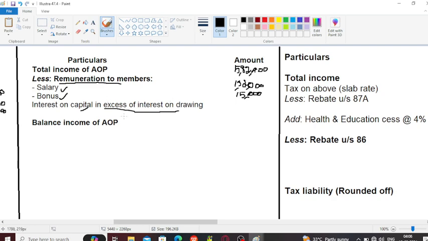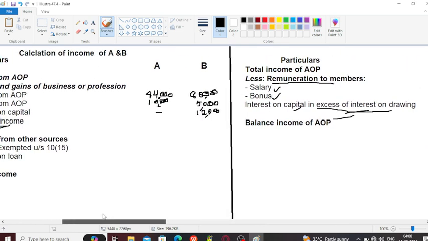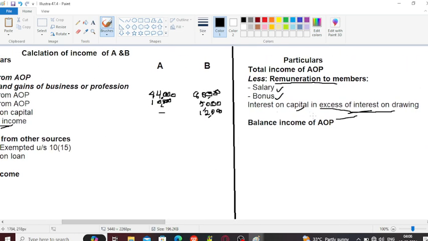And we have already set off these incomes from interest on capital and interest on drawings. That is, we have already calculated this.